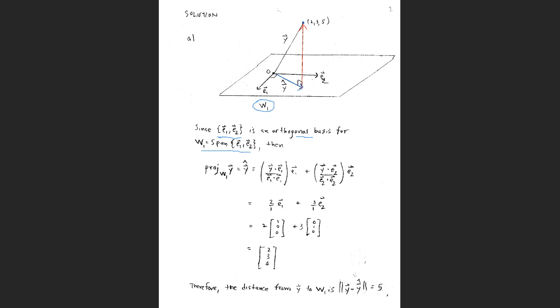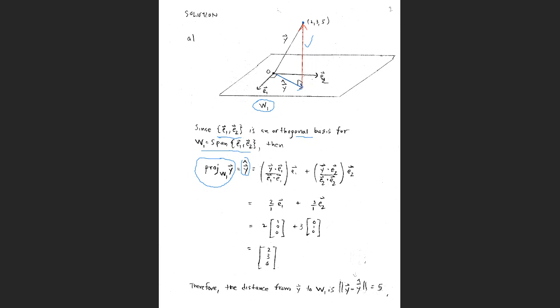Y hat is the projection of the vector y onto subspace W1. If I can find what y hat is, and I know what the vector y is, then I can find this red vector here. And once I know the red vector, I can get its length. That length will be the distance. Intuitively, you probably already know the distance that the point 235 is from this plane. But let's confirm it using our linear algebra.